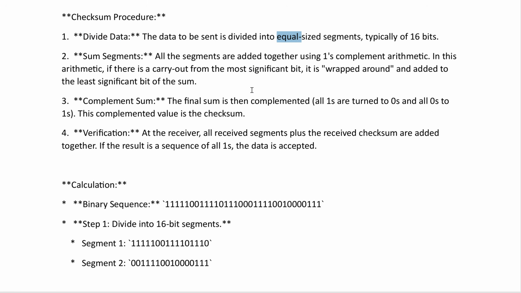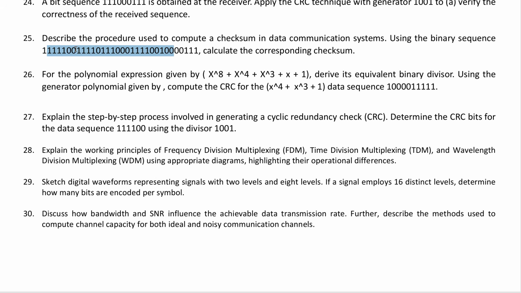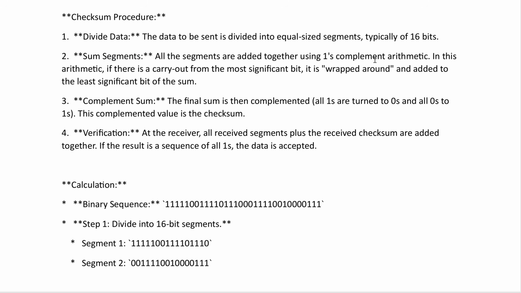After dividing, we have to take the sum of those two segments, right? All the segments are added, and you have to perform the addition using one's complement arithmetic. Remember that whenever you are adding these two equal parts, they will be added to each other using one's complement arithmetic.